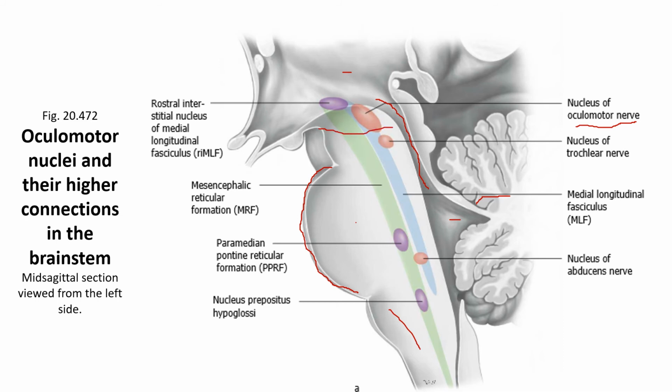Okay. I'm going to erase that so it doesn't look too cluttered. Here we go. So then a little bit further down, you could see the nucleus of the trochlear nerve or cranial nerve number 4. So 3 and 4 just in that area in front of the cerebral aqueduct. And then you can see the medial longitudinal fasciculus.